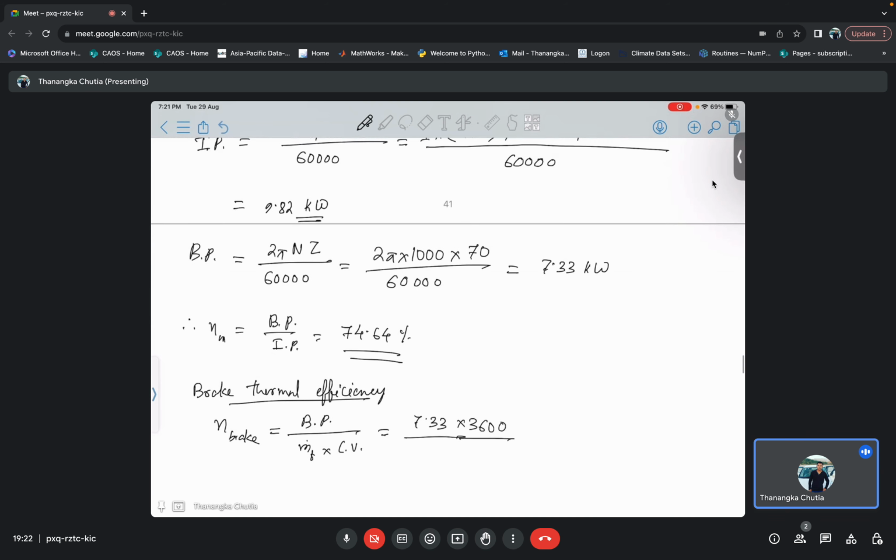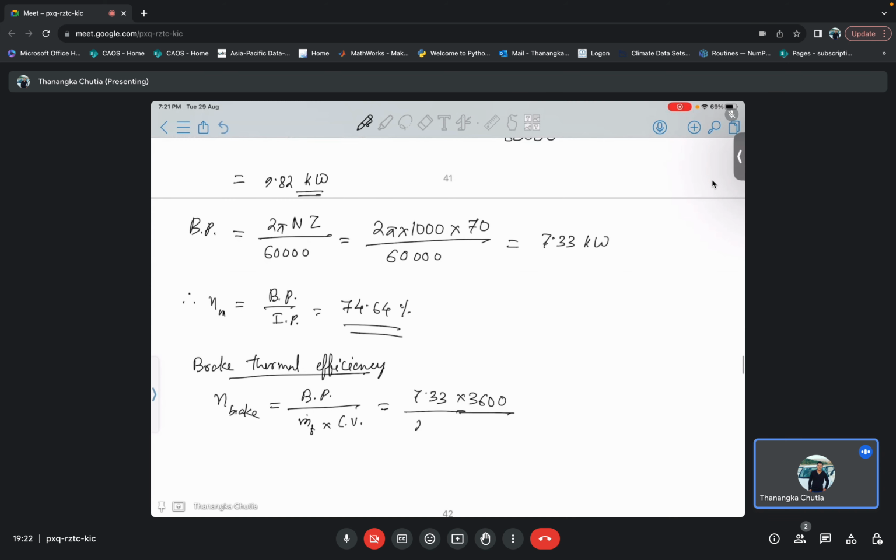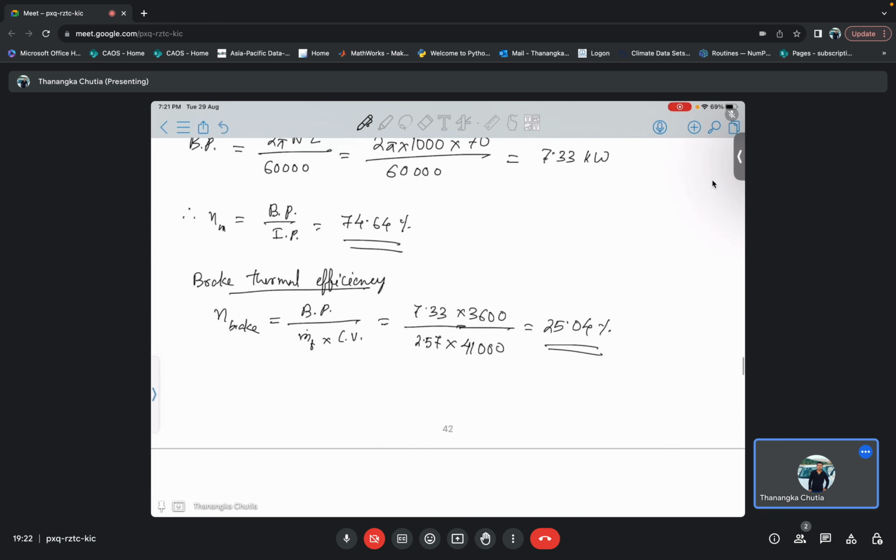That is given as 2.57, and calorific value is 41,000. So it is equal to 25.04 percentage. Okay, that is your brake thermal efficiency.